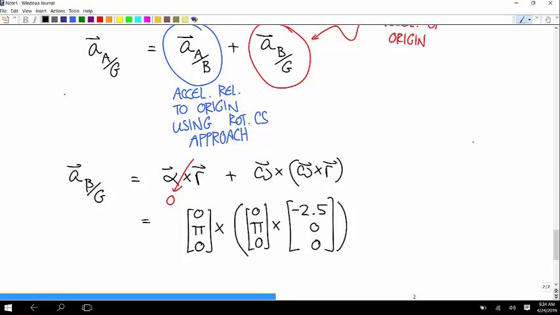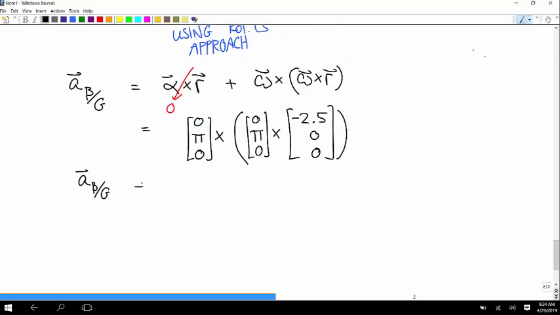Any questions about that? And so the acceleration comes out to be, this is just the acceleration of the origin, and it's equal to 2.5 pi squared, 0, 0.